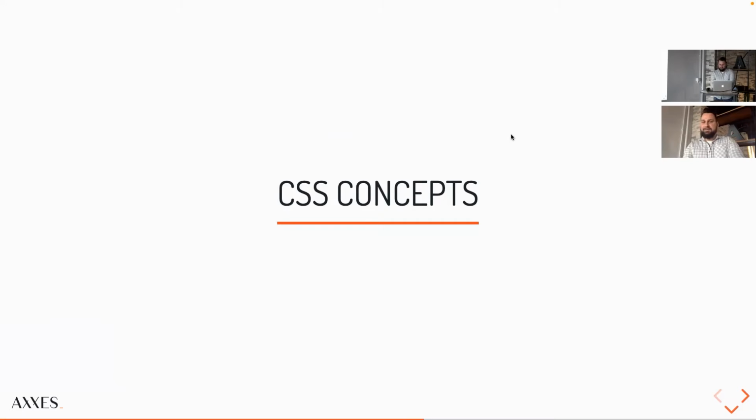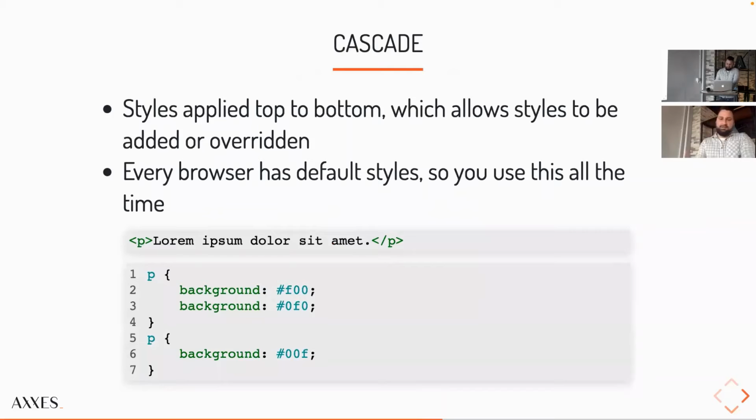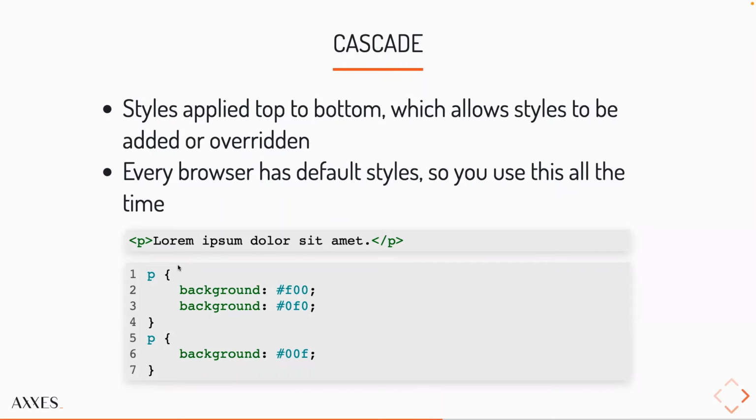Some CSS concepts. These are the fundamentals of CSS. Cascade. I teased it earlier. What does this mean? You can set a set of rules targeting certain elements, like here. But it will always read the file from top to bottom.